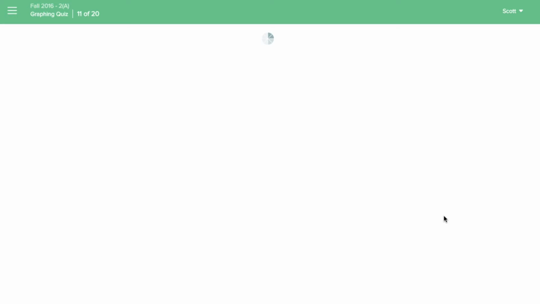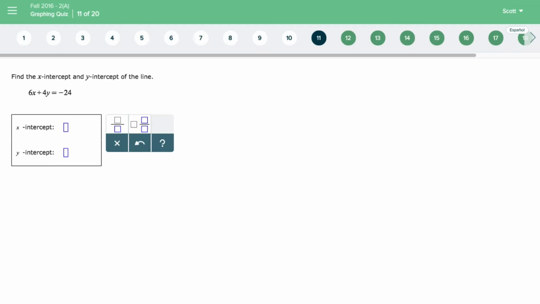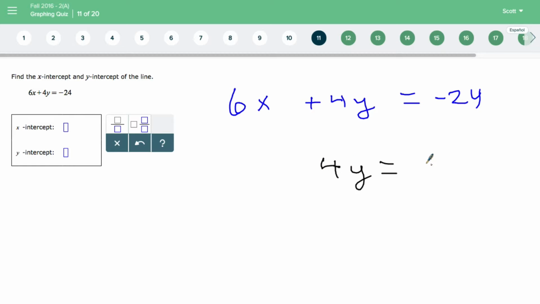Number 11. 6x plus 4y equals negative 24. Now this requires the cover-up method, so I'm going to write it as two pieces. First I'm going to cover up the x and write it as 4y equals negative 24.